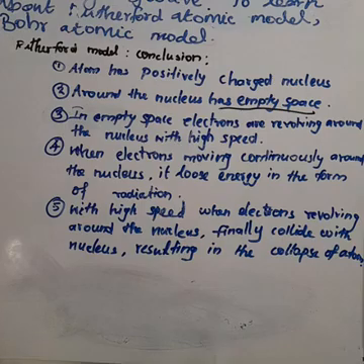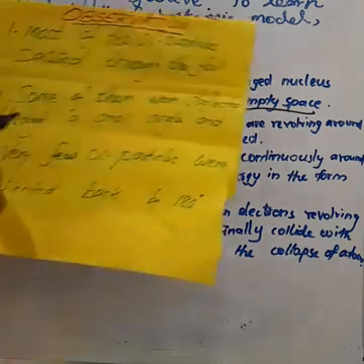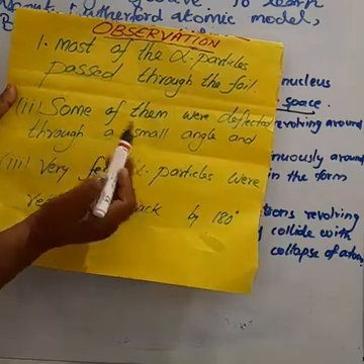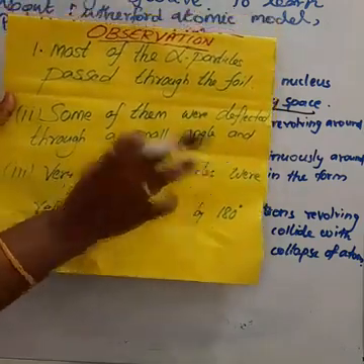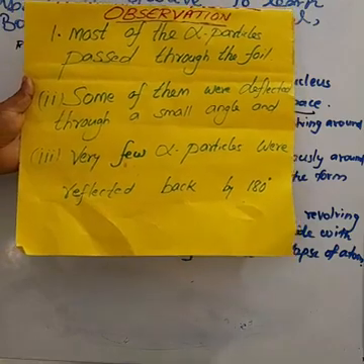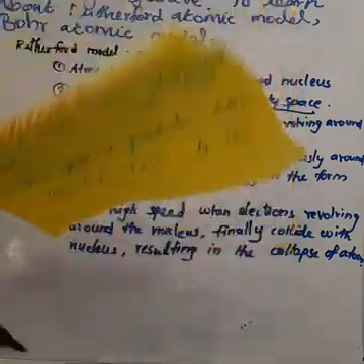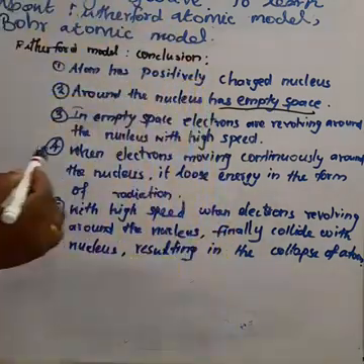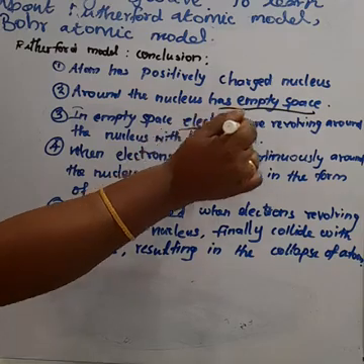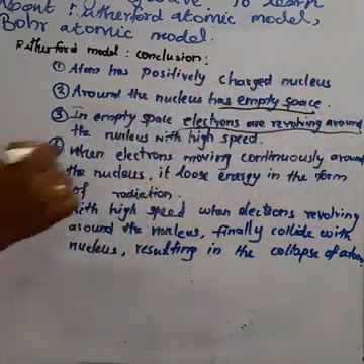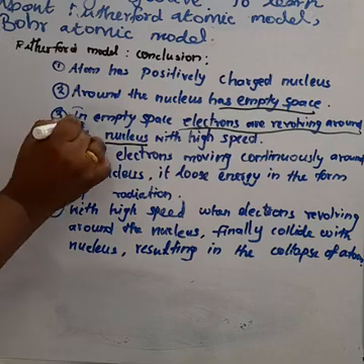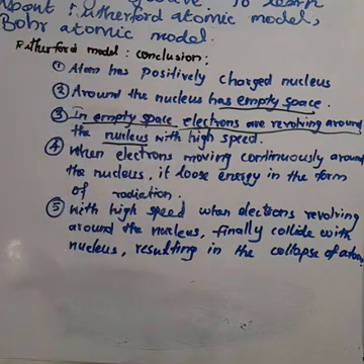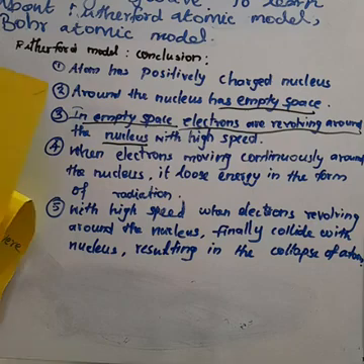Second, some of them were deflected through a small angle. This is because the electrons are moving continuously around the nucleus in the empty space, and because of that, some were deflected through a small angle.